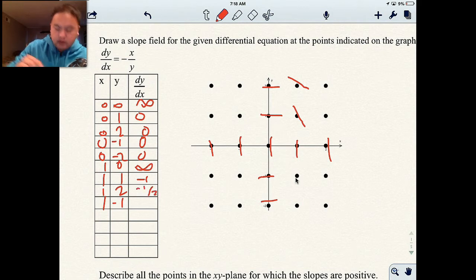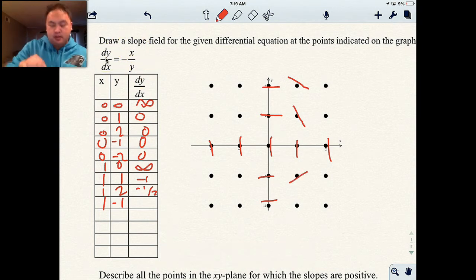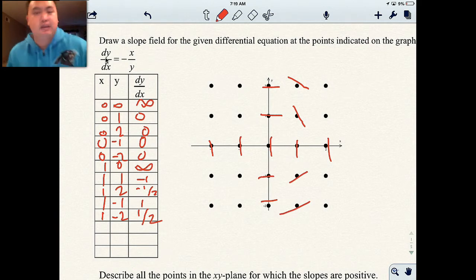If I plug in 1, negative 1, I get a positive 1, so this is going to be a positive 1. And if I plug in 1, negative 2, I'm going to get a positive half. Same thing, I draw a slope that's kind of like a half. And you don't have to be exact. You just have to see how it looks.